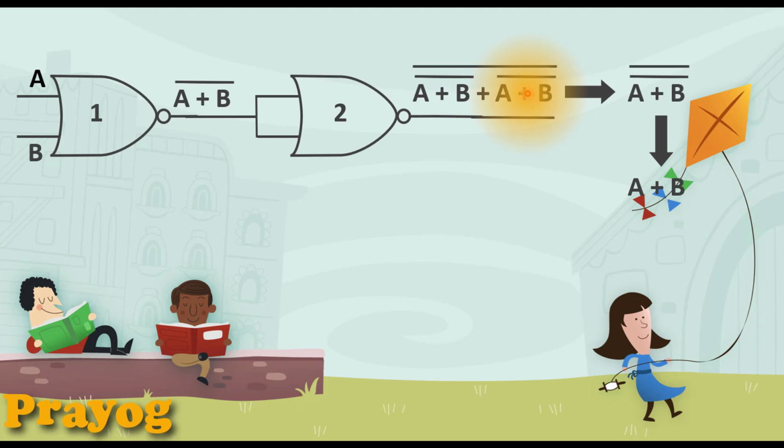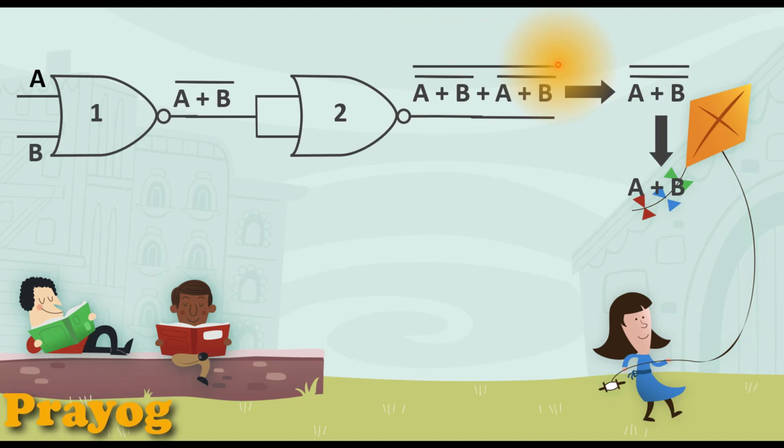You can observe this, A plus B whole bar plus A plus B whole bar is in the form X plus X. X plus X is equal to X, so that it becomes A plus B whole bar, where this bar is because of the previous complementation. Okay.